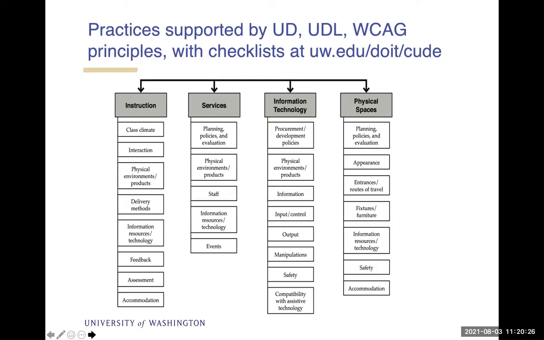Delivery methods, the methods that you're using, information resources and technology, the feedback you're giving your participants in your class, and the assessment. The last item on that list is accommodations, because I always consider accommodations a part of universal design. You as a faculty member should be aware of the types of accommodations students get, so you know how to respond.